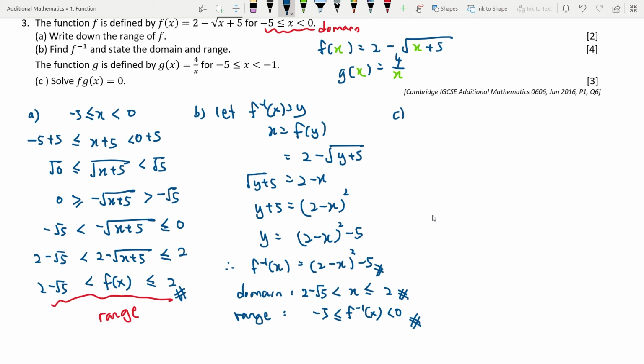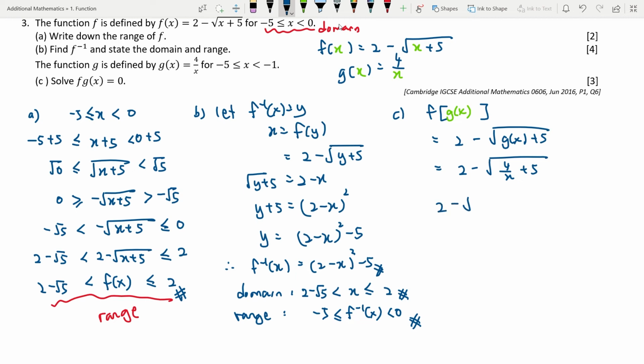Firstly, we need to find the composite function f of g of x. Substitute g of x into the function f, we have 2 minus square root g of x plus 5. Substitute g of x again, 2 minus square root 4 over x plus 5. And let it be 0.